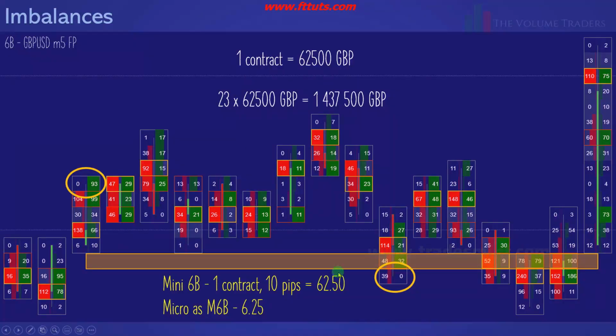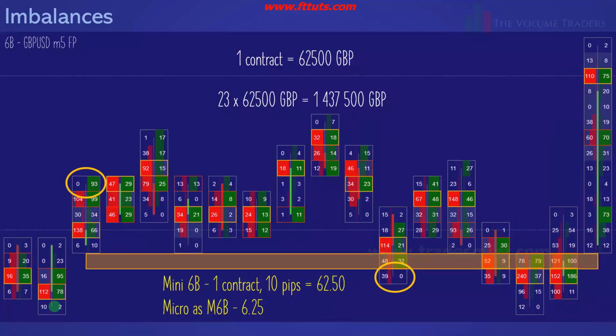So in theory, if there is a 0 on one side, on top or at the bottom, it's a high probability of reversal. This price level, no one had interest to continue the auction between bid and ask. So if there are numbers on both sides, like here 6 and 10, 10 to 2, this is called an unfinished auction.